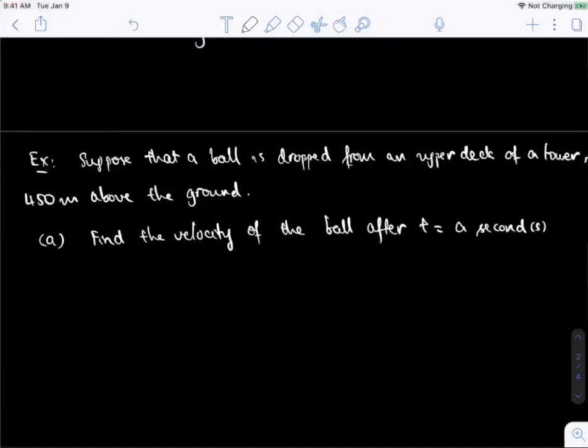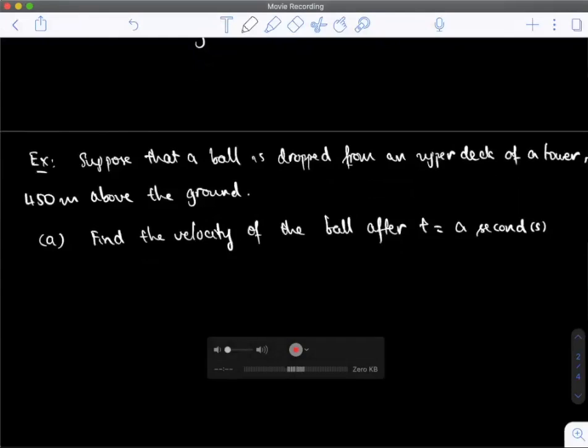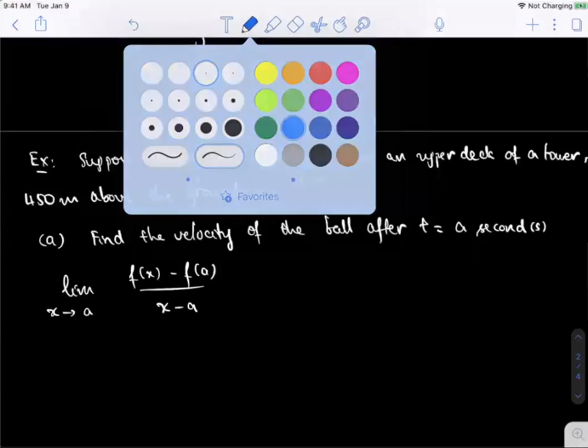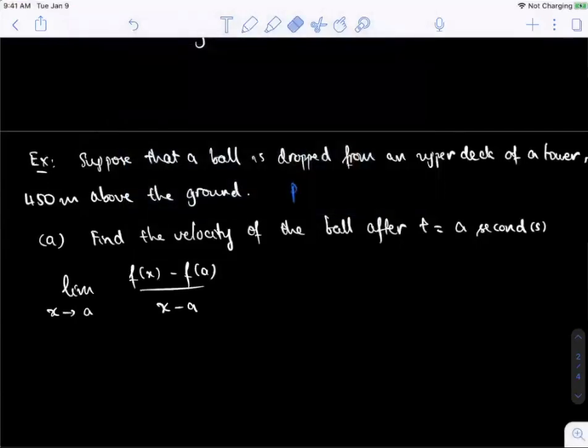So you use the formula we just briefly talked about. You can use the limit as x goes to a of f of x minus f of a divided by x minus a. So what is f of x in this case? We go back to the first lecture when we talked about dropping a ball from a certain height. There's a position function, and the position function is given. So f of t is equal to 4.9 t squared.